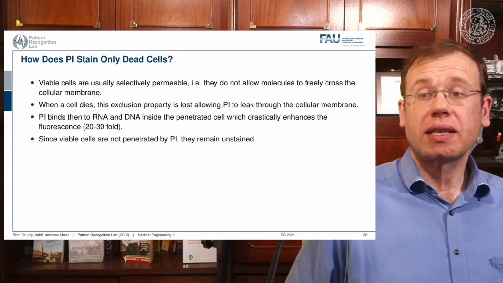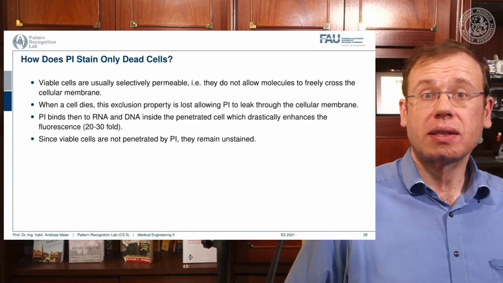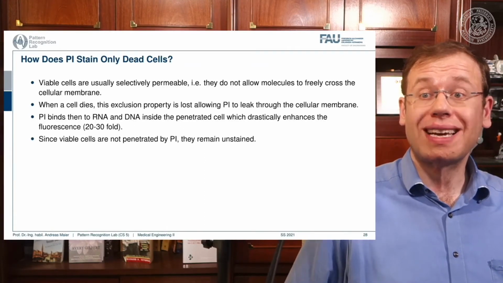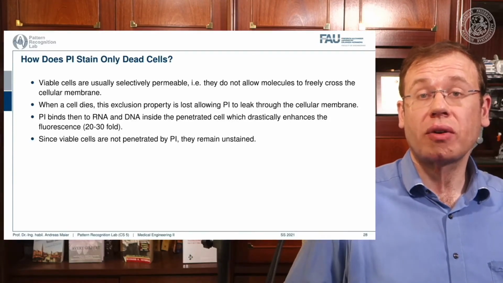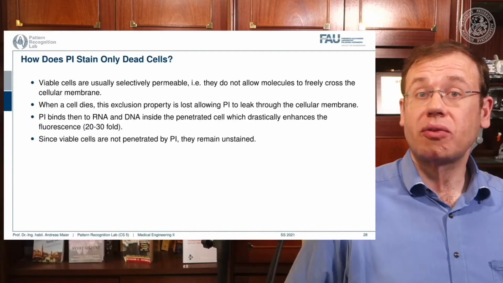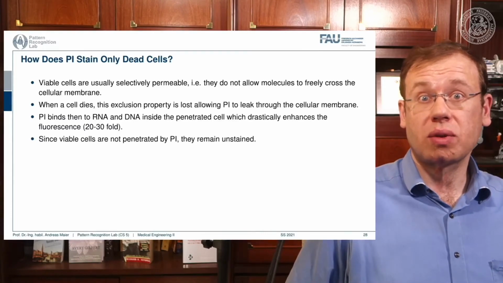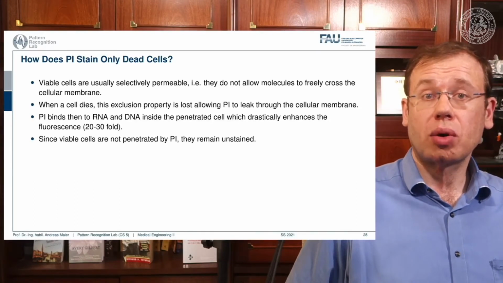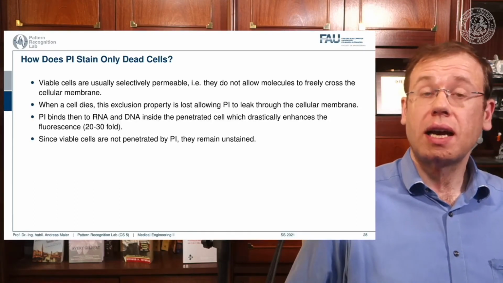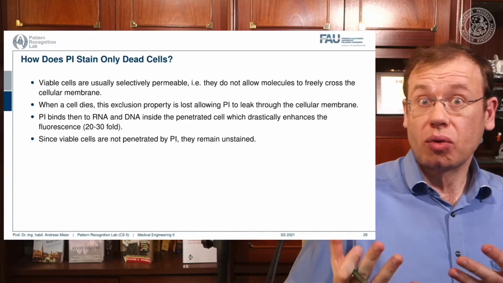And now we can see that the viable cells, the cells that are still alive, are not penetrated by our marker and they remain unstained. So with this kind of staining system, I can then figure out which cells are alive and which ones are dead. So that's also a pretty cool approach, involves a lot of biology.